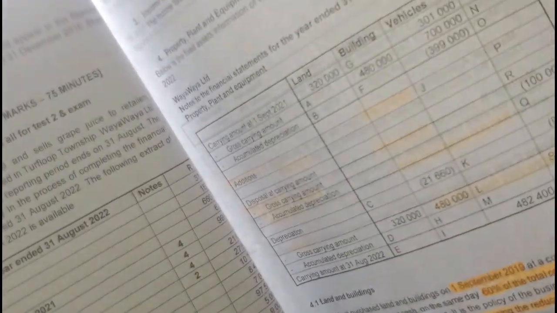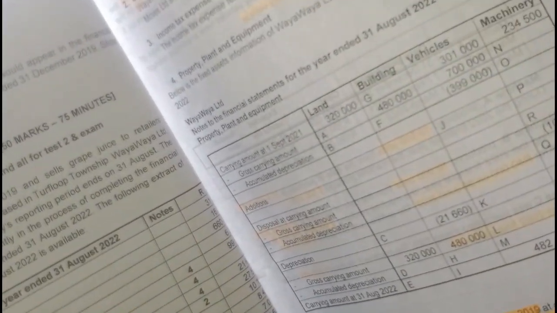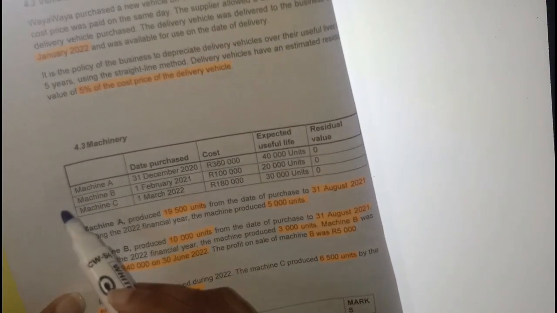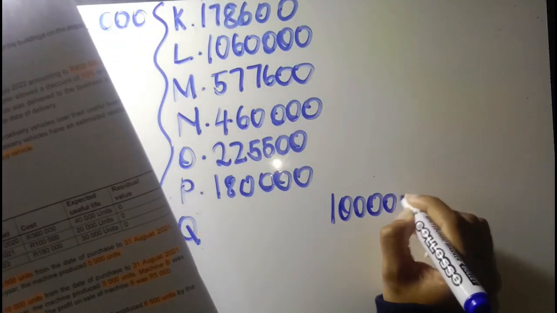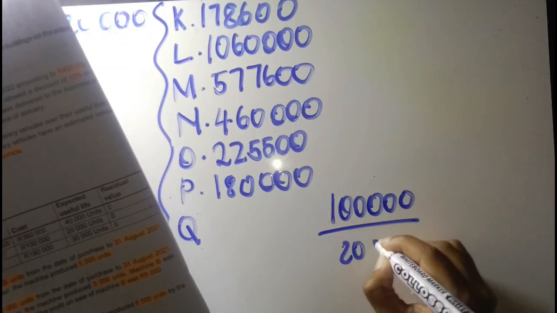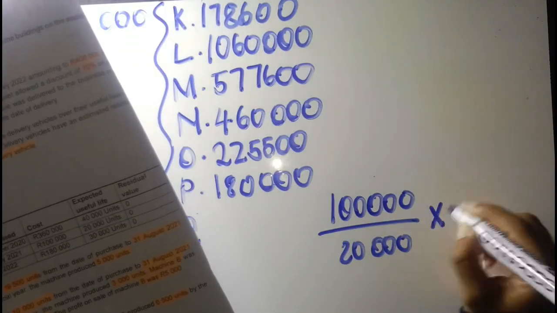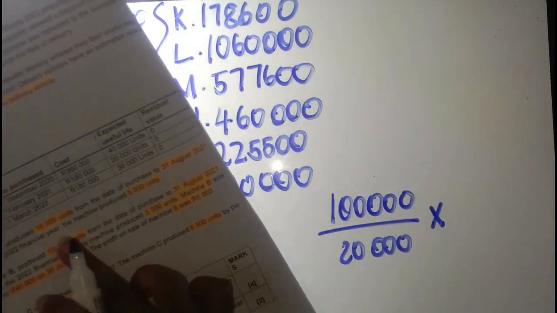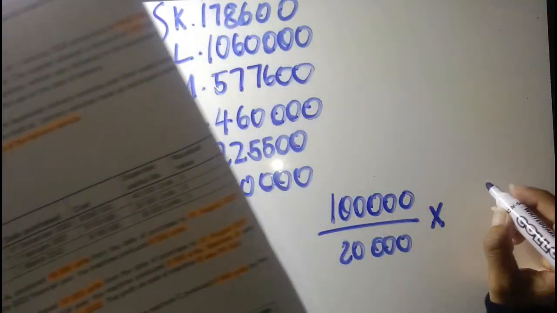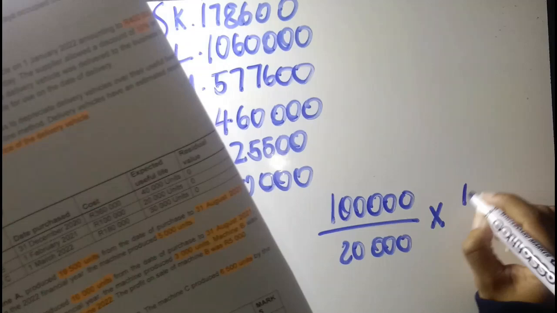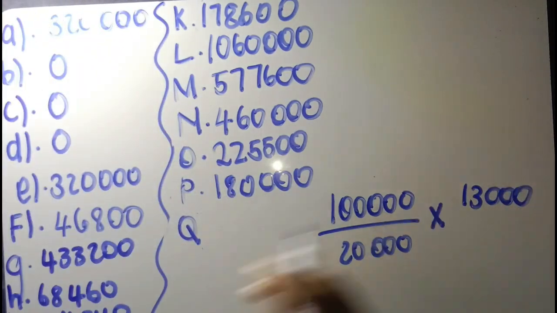So Q, they're asking for the accumulated depreciation of your disposal. So how you're going to calculate it, you're going to say the cost of the one that is disposed, this one, you're gonna say 100,000 divided by useful life 20,000, multiply by the total of these two, how much it has operated with. So that is 13,000, right?